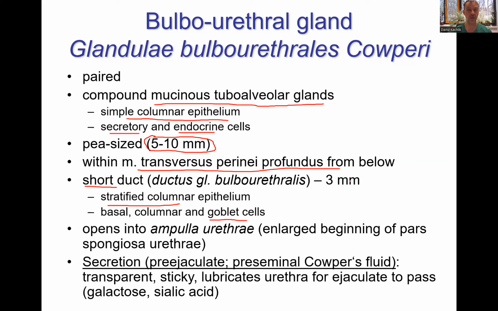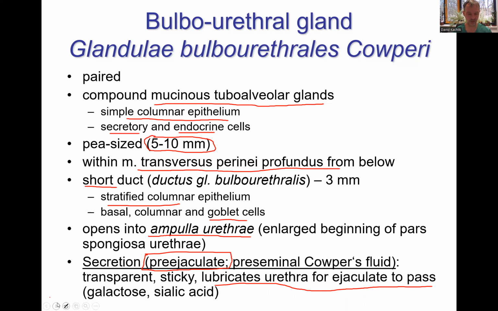And it opens into male urethra. It opens already into penis, and it's called ampulla because it's a bit enlarged. The product is called pre-ejaculate, and the function is to lubricate urethra for ejaculate to easily pass. So its component is mainly galactose and sialic acid. So that's Cowper's bulbourethral gland.